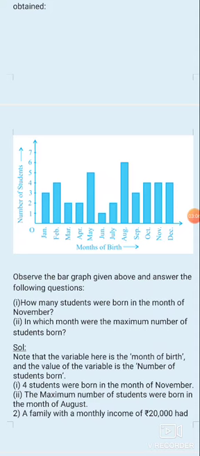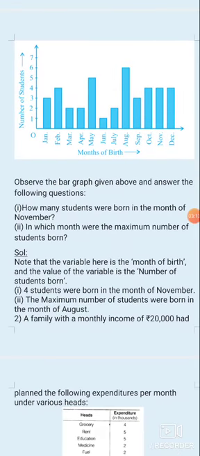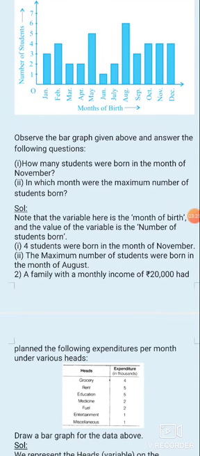Now the second one. A family with a monthly income of rupees 20,000 had planned the following expenditures per month under various heads. Grocery, in thousands, is 4; rent 5, that is 5,000; education 5,000; medicine 2,000; fuel 2,000; entertainment 1,000; and miscellaneous 1,000.